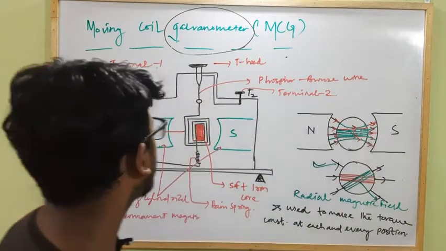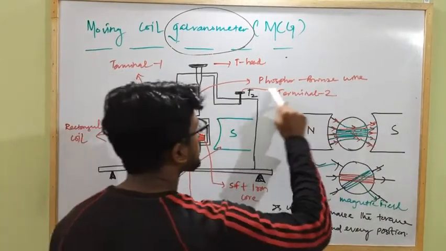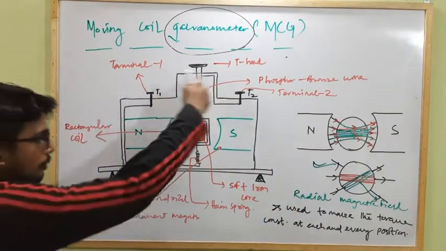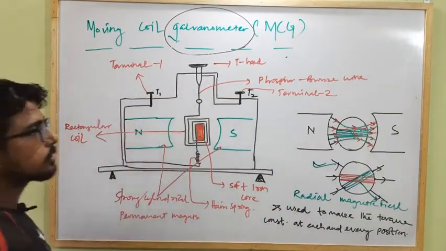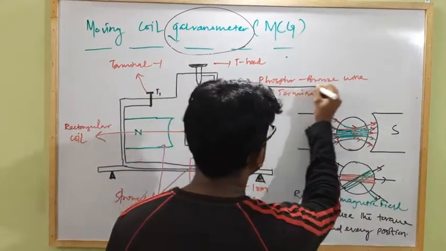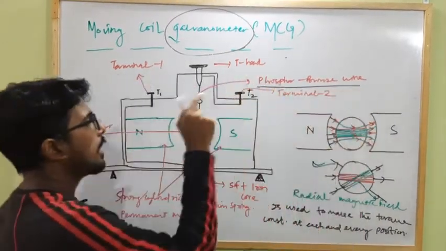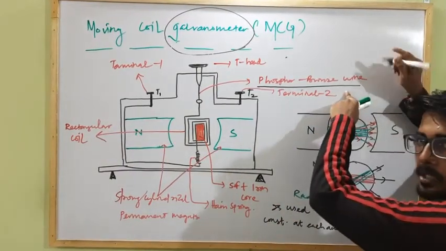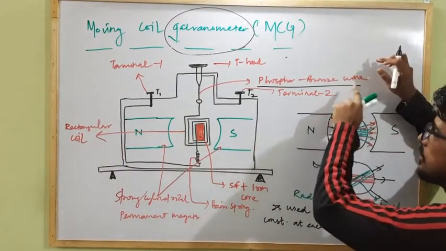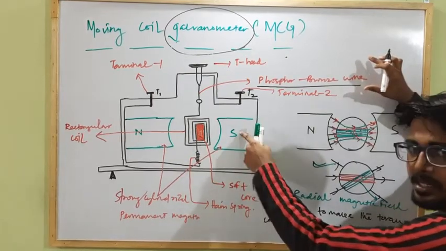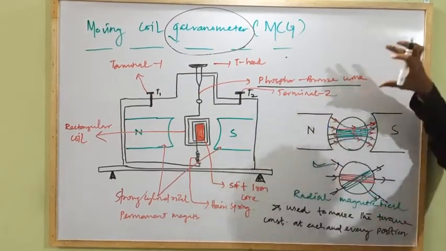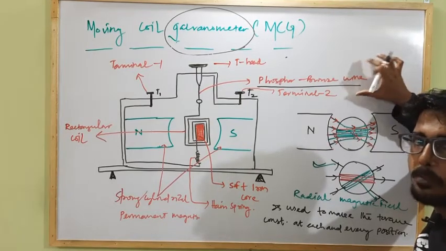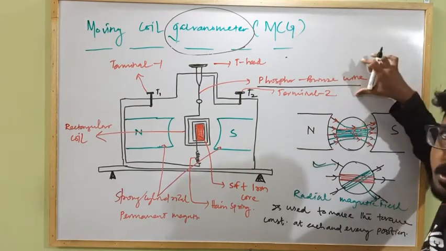Clear? Then what is the benefit of using phosphor bronze wire as connecting wire in this moving coil galvanometer? So phosphor bronze wire are used because they have high tensile strength, low torsional constant, they are not affected by the magnetic field, and they have very less thermal coefficient of resistance.